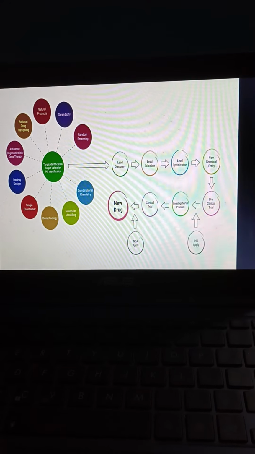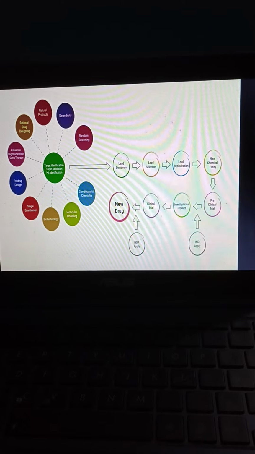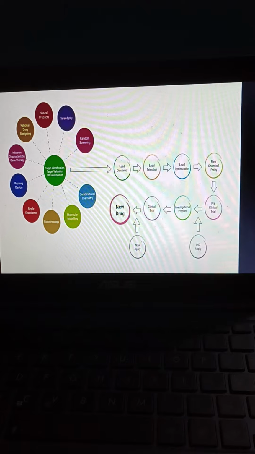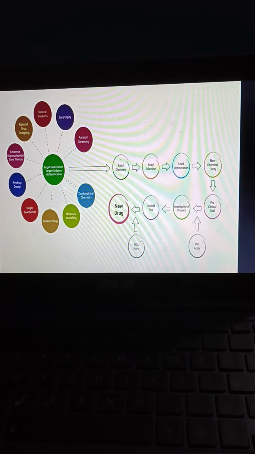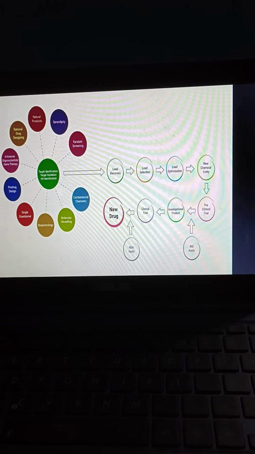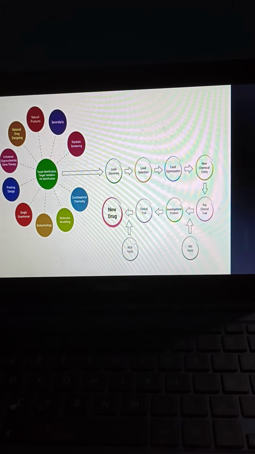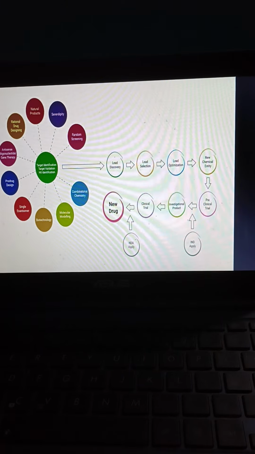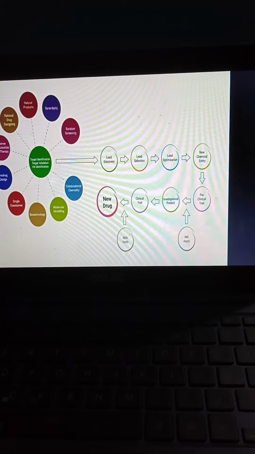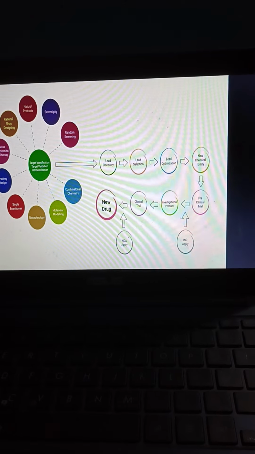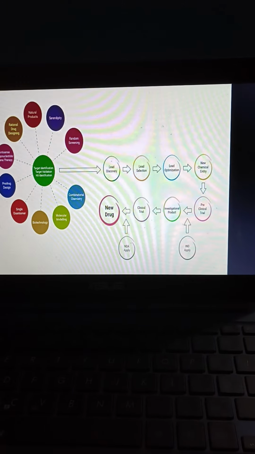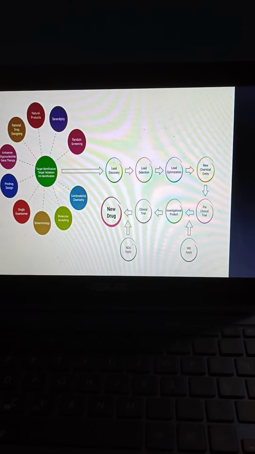So this is a complex process: target identification, target validation, and hit identification. From that, lead discovery, lead selection, lead optimization, new chemical entity, preclinical trial, then investigational product, then clinical trial, then new drug. NDA is applied after clinical trial phase 3, and if approved by the regulator, then it becomes a new drug.